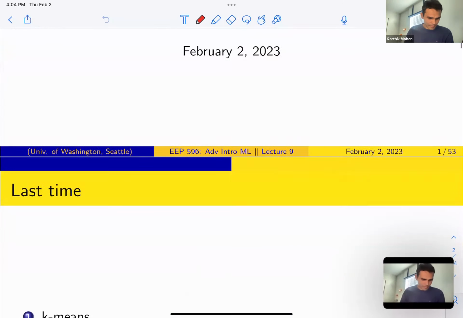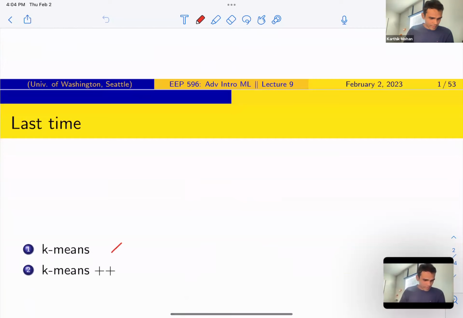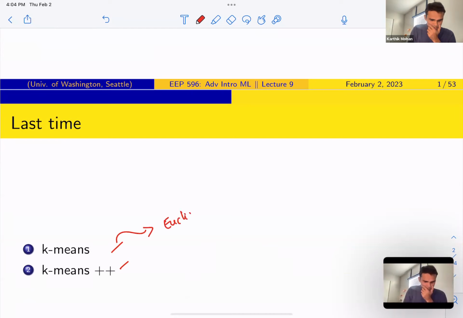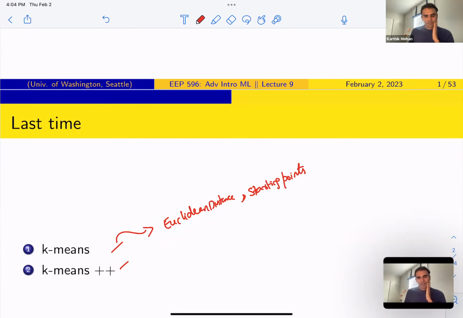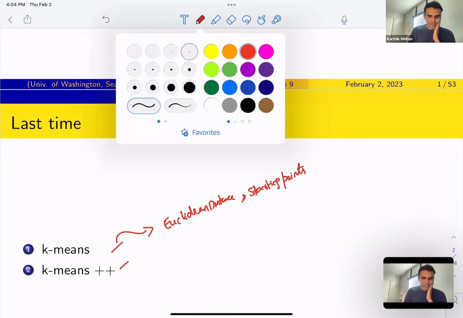Okay, so today, last time we looked at k-means and k-means plus plus. We said that k-means is one of the most basic and foundational clustering algorithms, and it's based on Euclidean distance. We also said that the solution heavily depends on the starting point. If the starting point is not initialized right, then you may not end up with a good clustering.